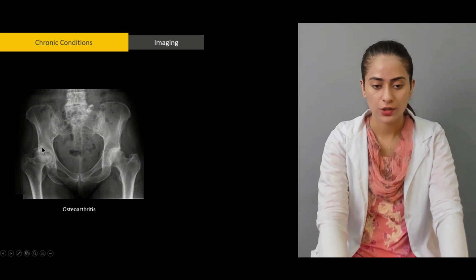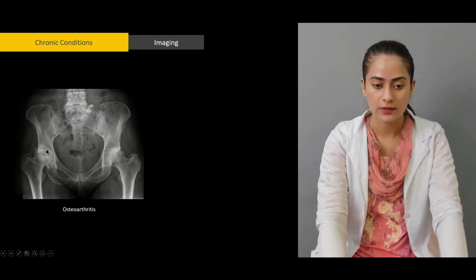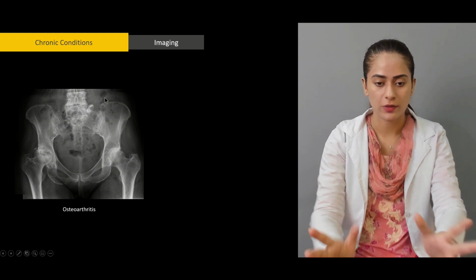Here we have the acetabulum and the femoral head. This is the ilium, ischium, pubis, sacroiliac joint here, sacral bodies, coccyx here. Ignore these little lucencies here. These are because of the bladder.